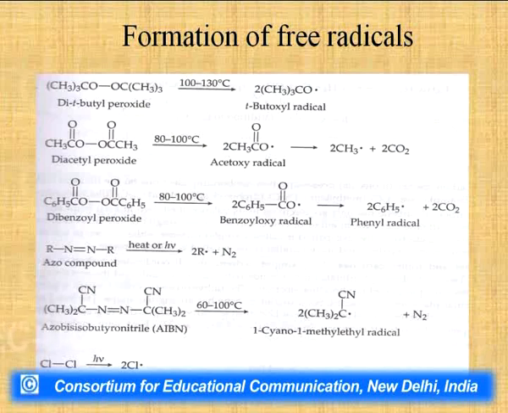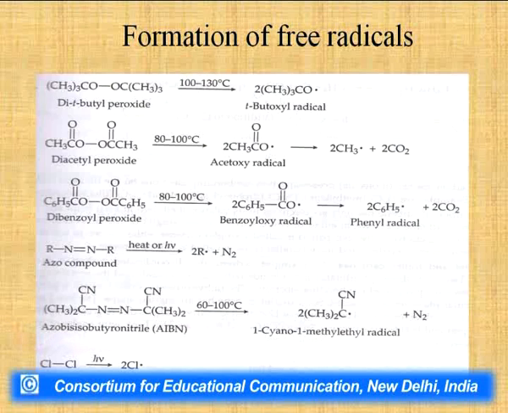Diacetyl peroxide, when heated at 80 to 100 degrees Celsius, gives the acetoxy radical, which will further dissociate to the methyl free radical. Dibenzoyl peroxide, when heated to 80 to 100 degrees Celsius, forms the benzoyloxy radical, which further dissociates to the phenyl radical.